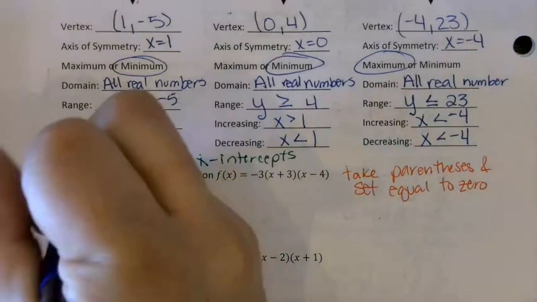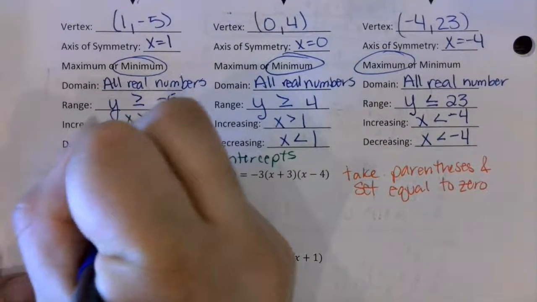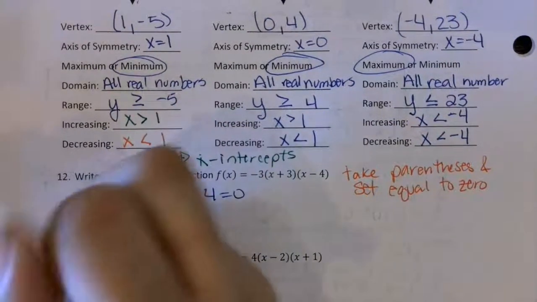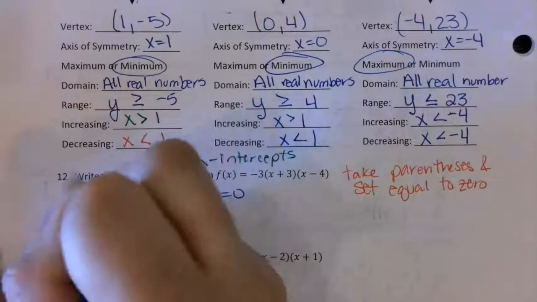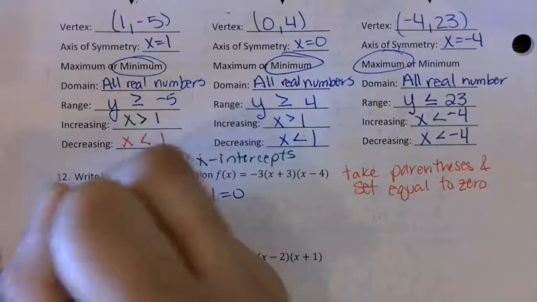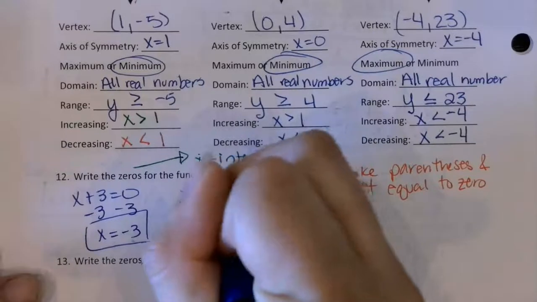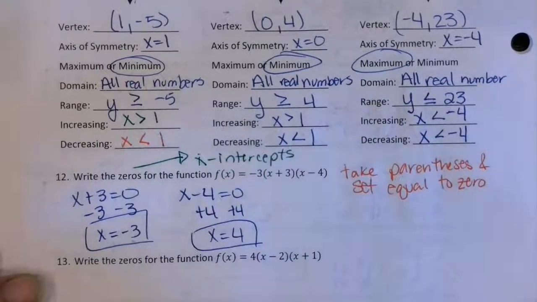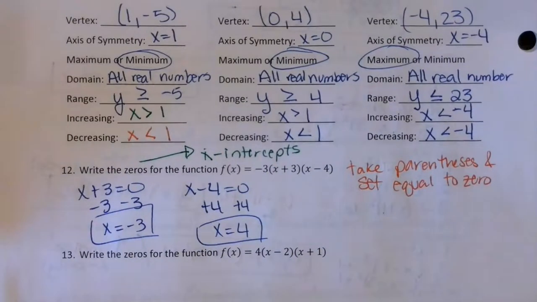So I'm going to do x plus 3 equals 0, and x minus 4 equals 0. I solve them both. I subtract 3 on the left side. I get x equals -3. And on the right side, I add 4. I get x equals 4. Remember, when I'm finding zeros, because they are x-intercepts, they should be x equals.